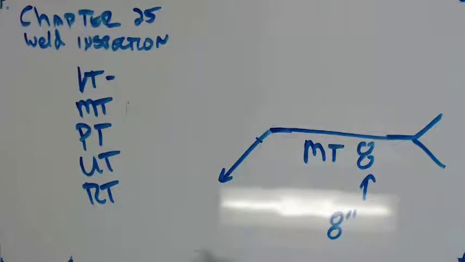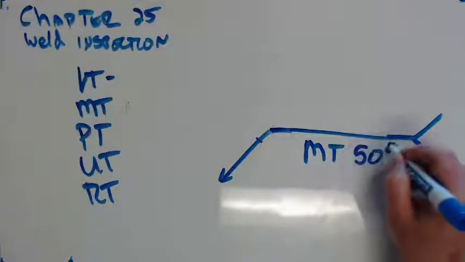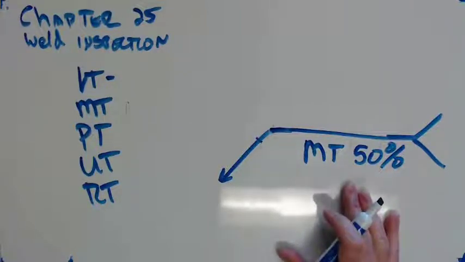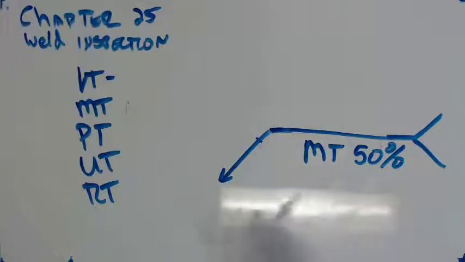More often, if they want to tell you how much, it's not going to be a length, it's going to be a percentage. What that means is 50% of those welds are going to get mag particle. If this is pointing at a weld that's 2 feet long, I'm going to mag particle a foot of it. Some contracts, you'll do 100%, that's pretty rare. It'll be 100% on like the first 2 you build, and then it'll be a percentage thereafter.